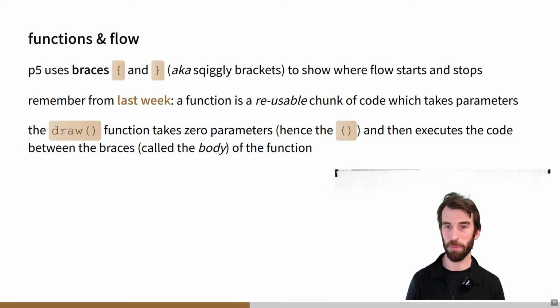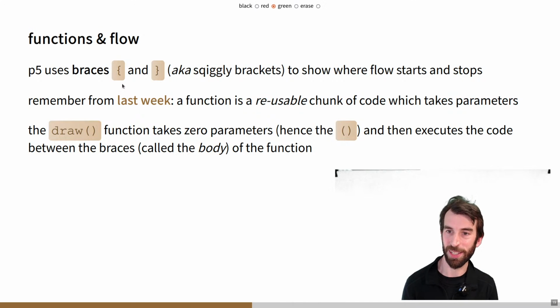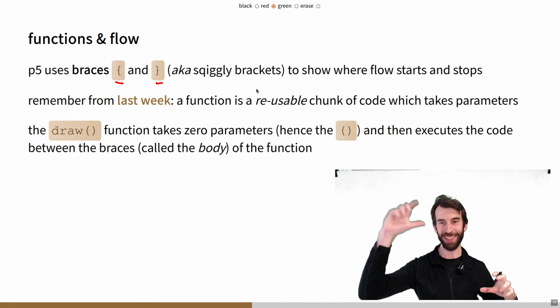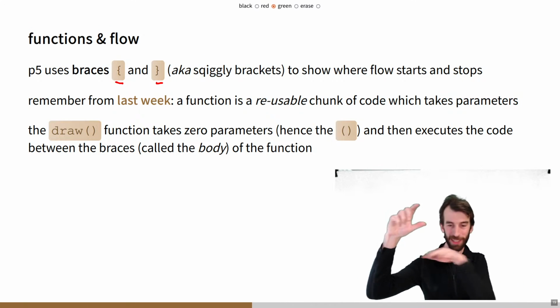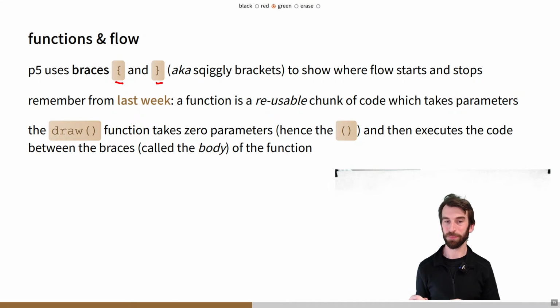I just want you to remember that these braces, squiggly brackets, give you markers for where code starts and stops. This is the opening bracket, this is the closing bracket, and in between is a chunk of code which could be repeating or could be reused in some way.